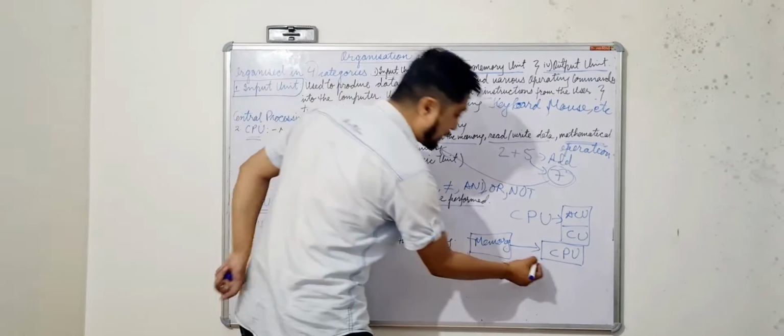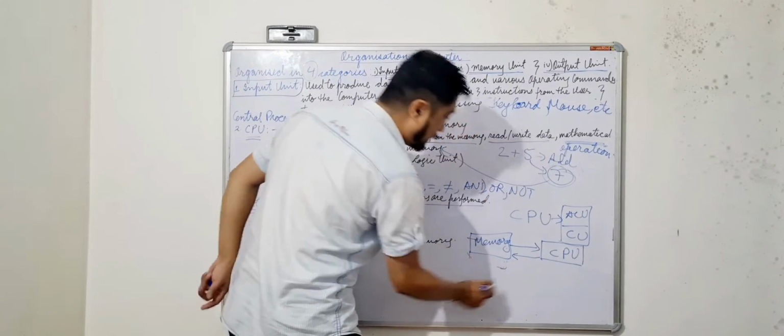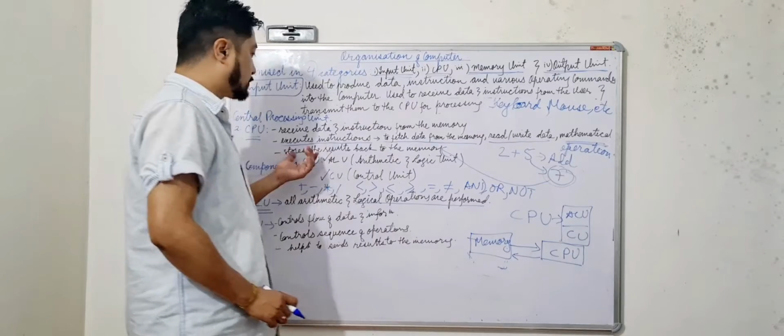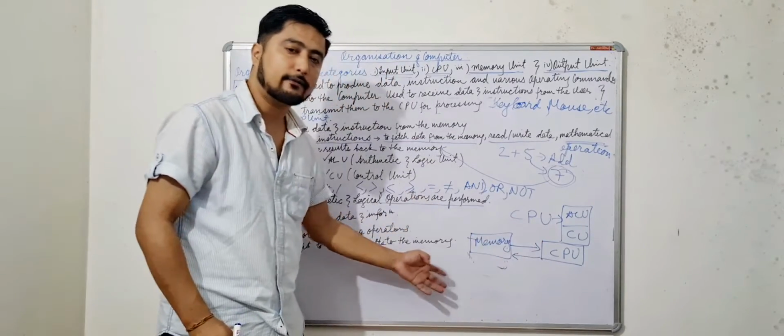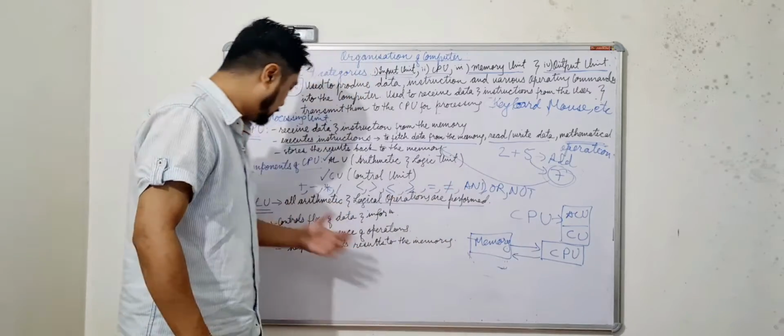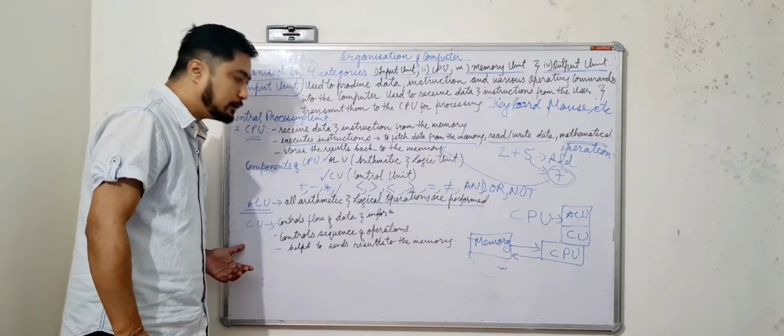After that processing, it will be written back to the memory to store the result. This flow of data and information is all controlled by the control unit.